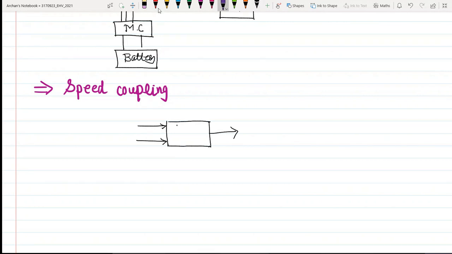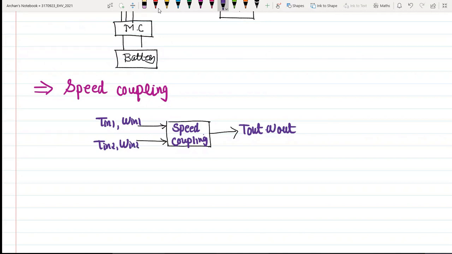This is nothing but the speed coupling. It is similar to the torque coupling. We get some output power, T out, omega out. The inputs may be T in 1, omega in 1, and T in 2, omega in 2.